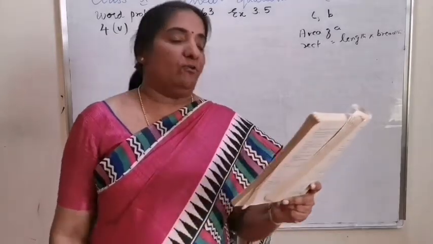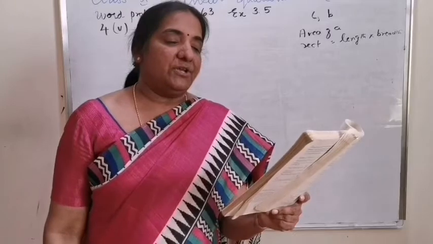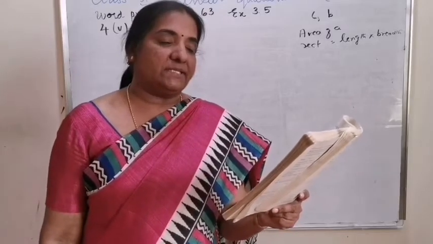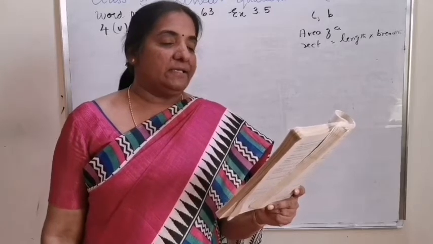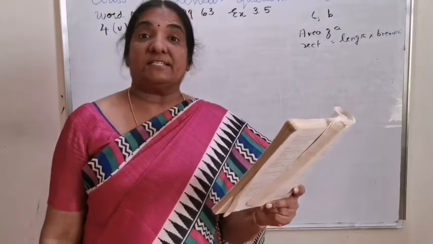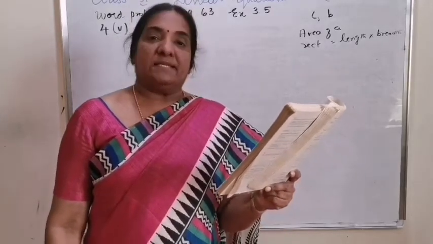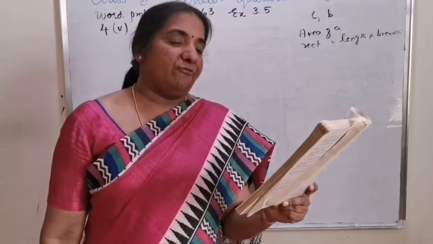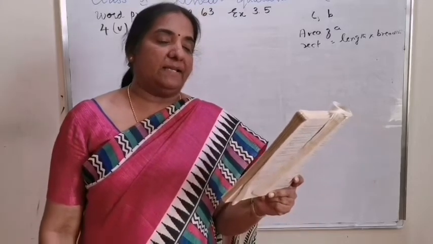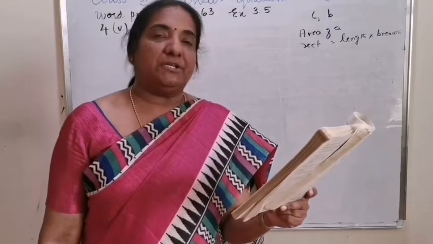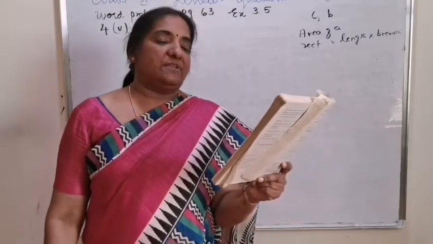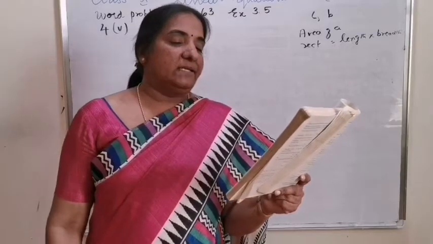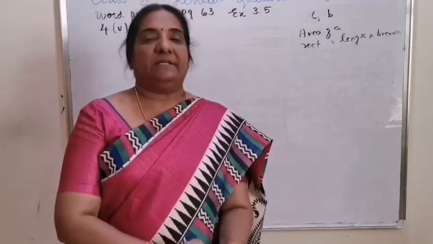The area of a rectangle gets reduced by 9 square units if its length is reduced by 5 and the breadth is increased by 3 units. The second condition: if we increase the length by 3 and the breadth by 2 units, the area increases by 67 square units. Find the dimensions of the rectangle.